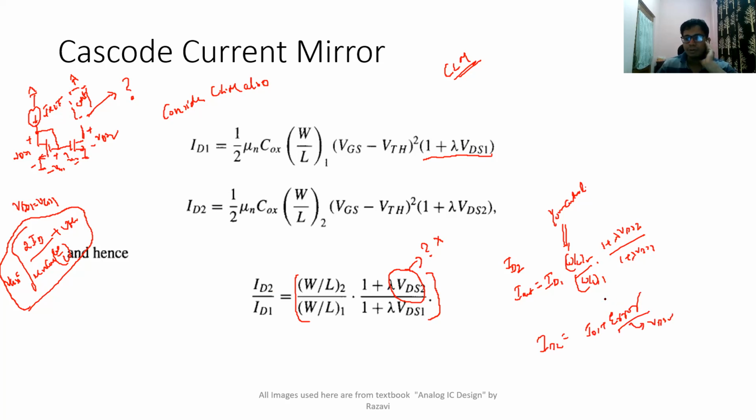Let us say you are designing the circuit for 1 milliampere, you want ID2 to be 1 milliampere. When you design it, you should not be shocked if you get a current of 0.2 milliamperes, because this ratio is completely depending on VDS. So based on VDS, it can go anywhere. It can also become zero.